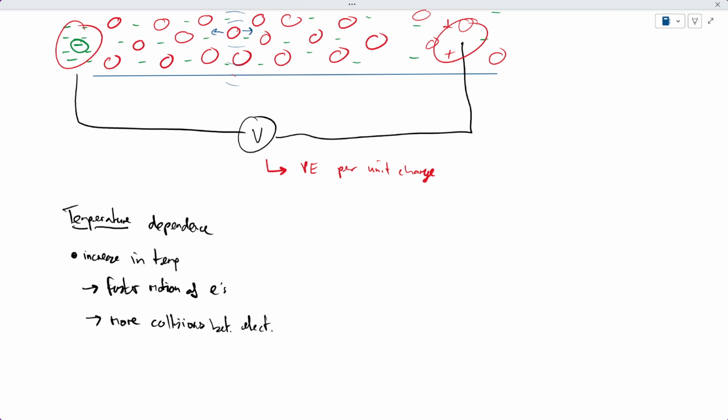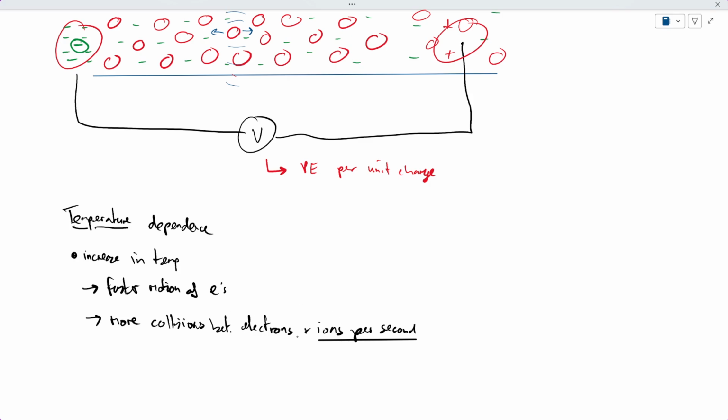Now that per second bit is quite important. That means there is a higher rate at which the electrons are losing energy.